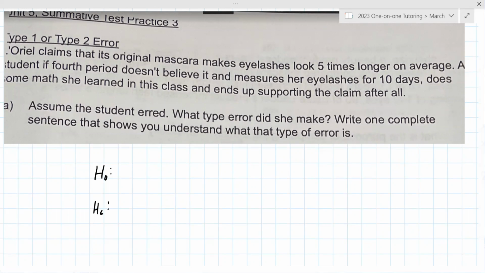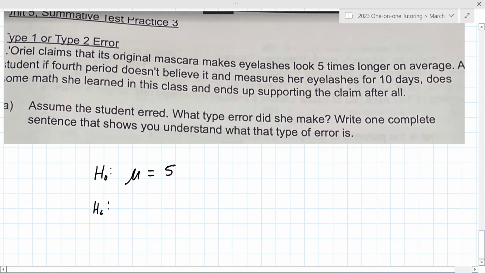And here it's that 5 times. Okay, so the claim would be something like mu equals 5. And the claim, it's kind of hard to interpret because the student in 4th period doesn't believe it. So when you don't believe something, you don't know whether that means it's too large or too small or what it is. So you could just say mu not equal to 5.